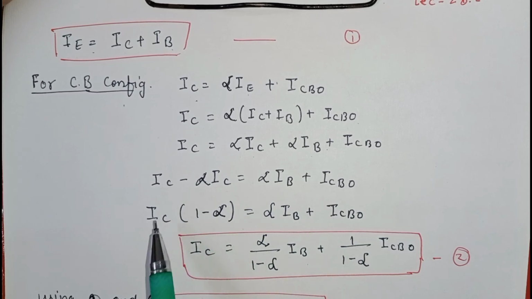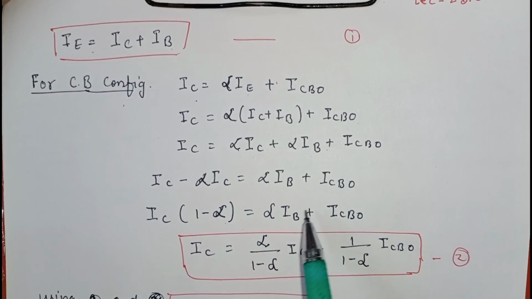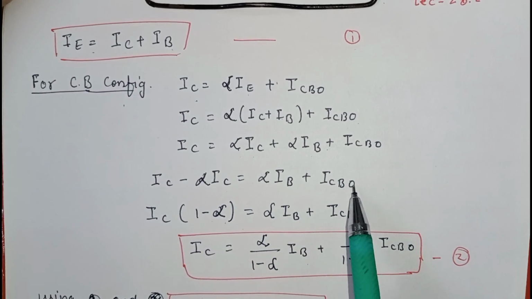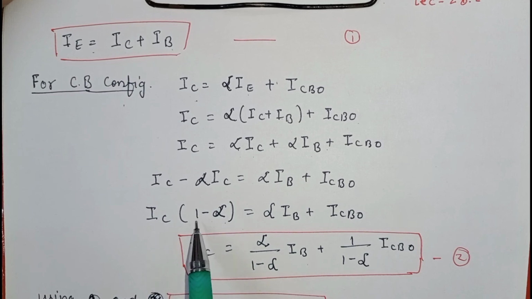Now we will take IC common: IC in brackets (1 minus alpha), and the right side is same as before. Now we will take this 1 minus alpha to the right side in the denominator. Now the equation will be IC equals alpha upon 1 minus alpha times IB plus 1 upon 1 minus alpha times ICBO.